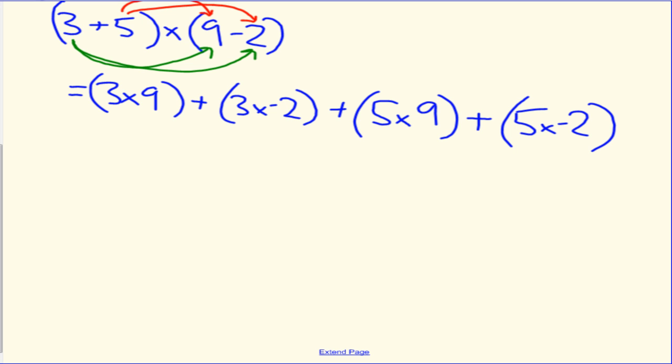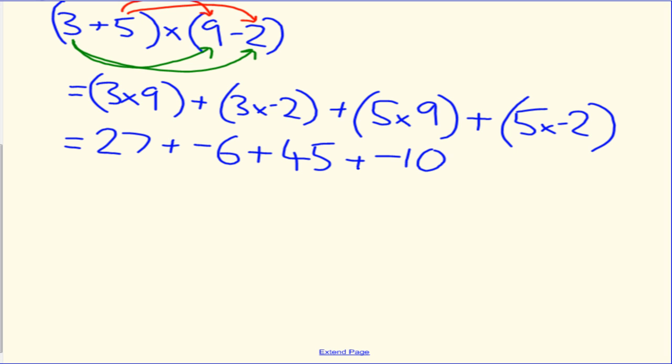That's all rather long now. Let's simplify it down. 3 times 9 is 27. 3 times negative 2 is a negative 6. 5 times 9 is 45. Plus 5 times negative 2 gives us negative 10. So what we have here, just using some quick rules, positive and a negative makes a negative.